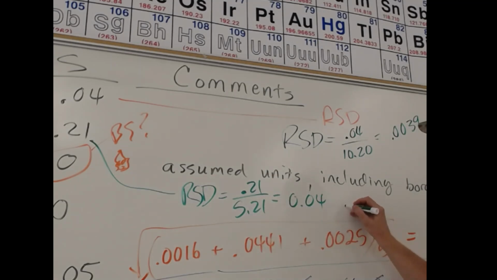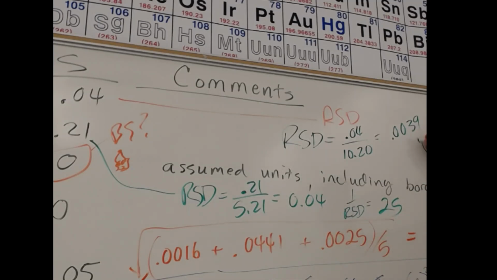Okay, so 1 over RSD. About 20, 22. What is it? Yeah. 25, okay.